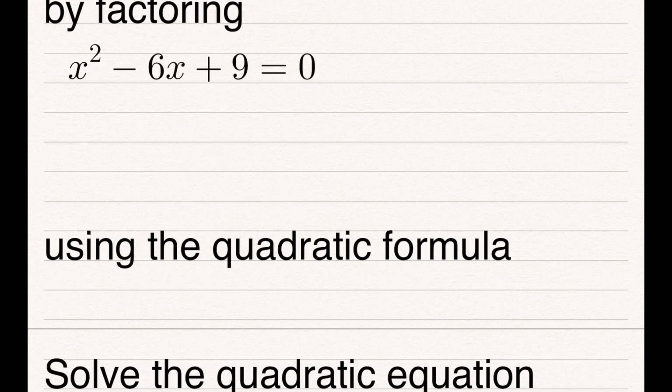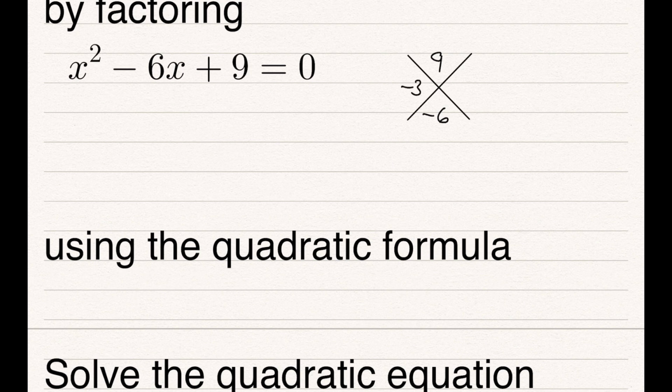So the first thing we're going to need to do here is decide what method of factoring. And I like to use the ACB method. Here, A times C is 9, and B is negative 6. We need something that multiplies to give us 9 and adds to give us negative 6.